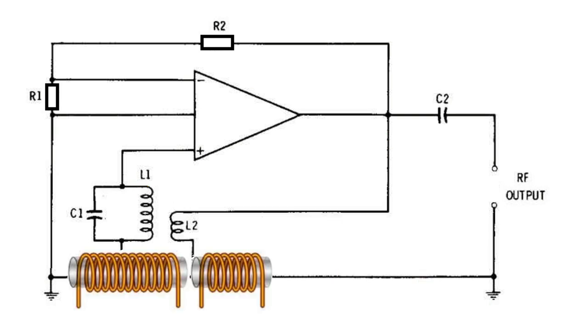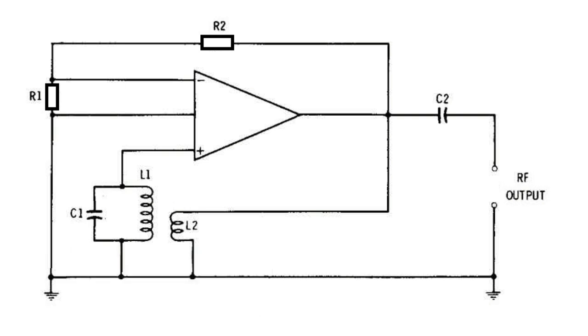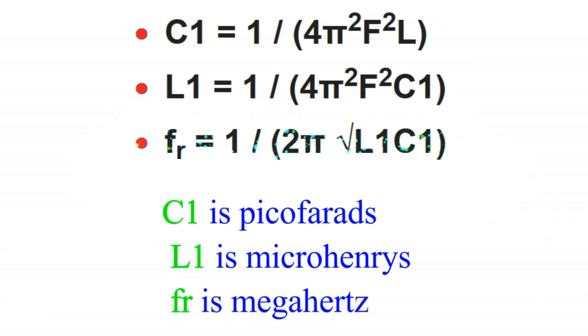The L2 winding needs to be wound closely to the L1 winding, however this coupling does not need to be tightly wound. The oscillation frequency FR can be calculated through the values of the capacitor C1 and the inductor L1. This frequency FR can be determined through these formulas.